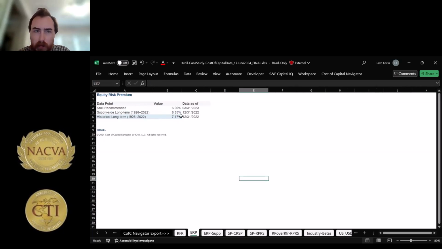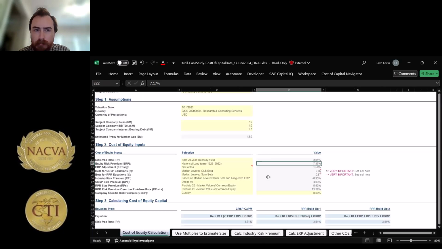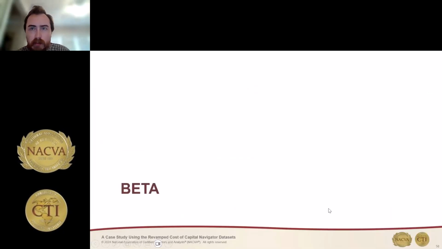Same thing with the ERP. We can see the different ERPs, and we're linking up dynamically to this selection. So in the cost of equity calculation, we're already retrieving our inputs to then eventually calculate our cost of equity. So I'm going to go back to the PowerPoint now and hand it over to Kevin to talk about betas. Thanks, Kev.